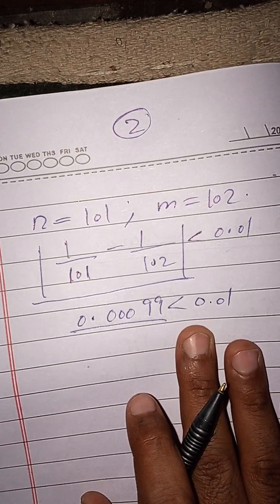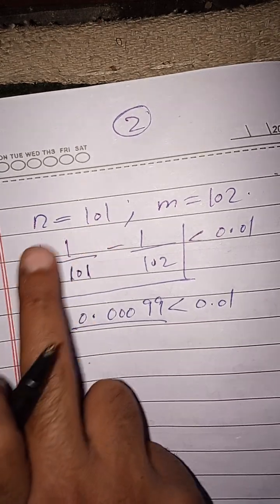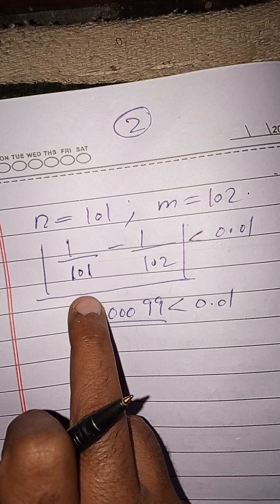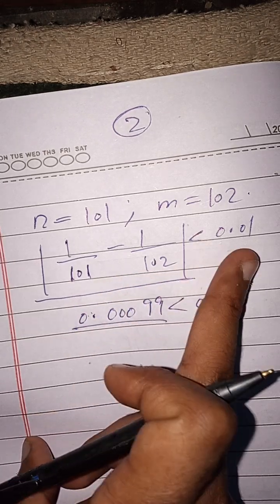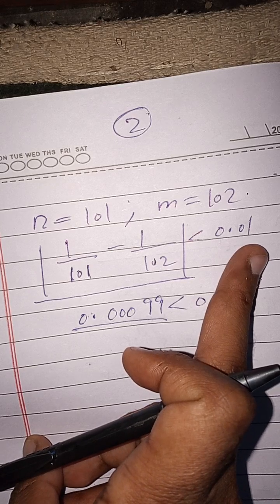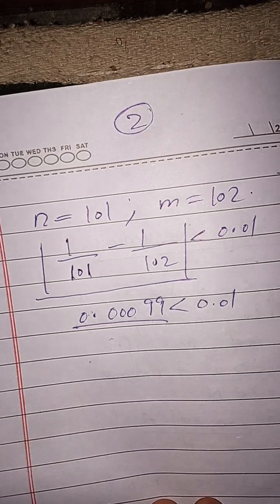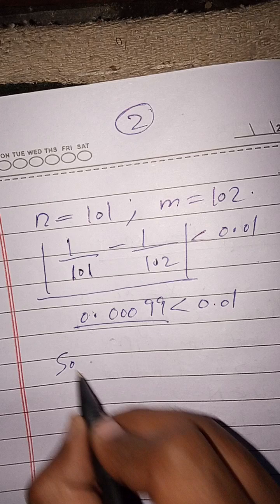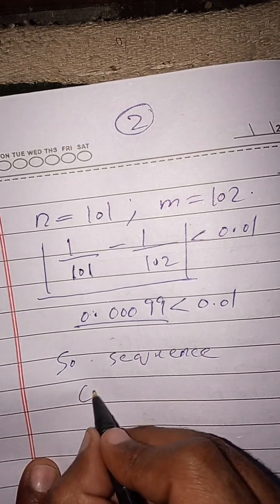So if we find n and m whose distance is less than epsilon, for any epsilon greater than 0, then the sequence is Cauchy. So we have shown that the sequence 1 over n is Cauchy.